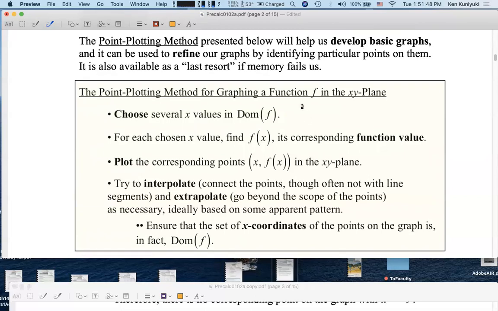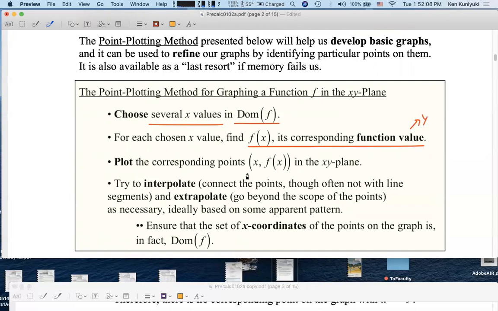So first of all, you need to consider the domain of the function f, and you're going to choose several x values in this domain. For each of these x values, you're going to find the corresponding function value. Function values are what? They're going to be y coordinates.